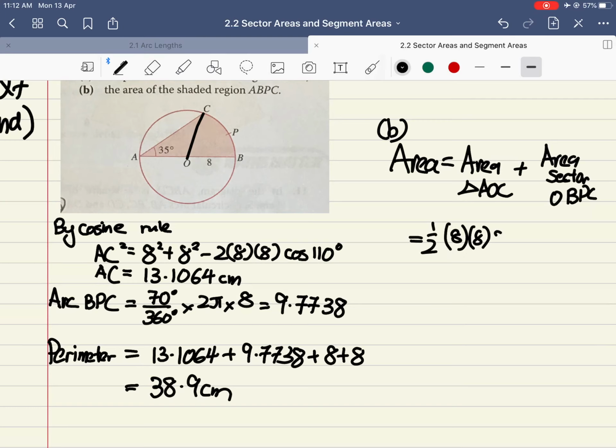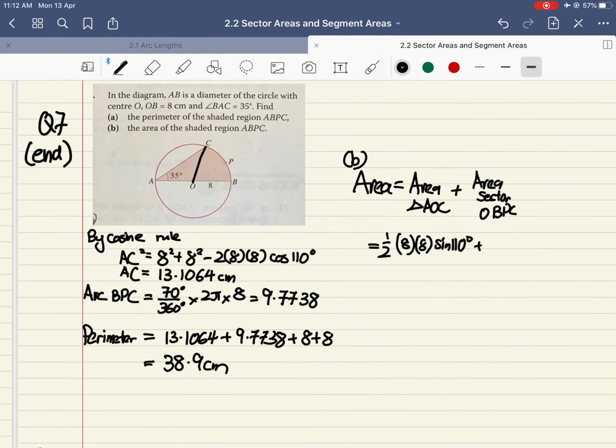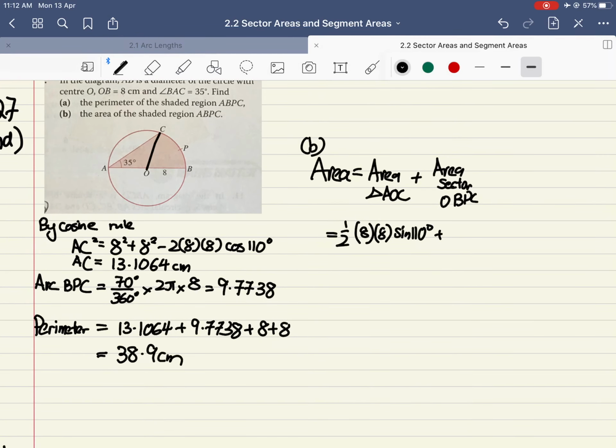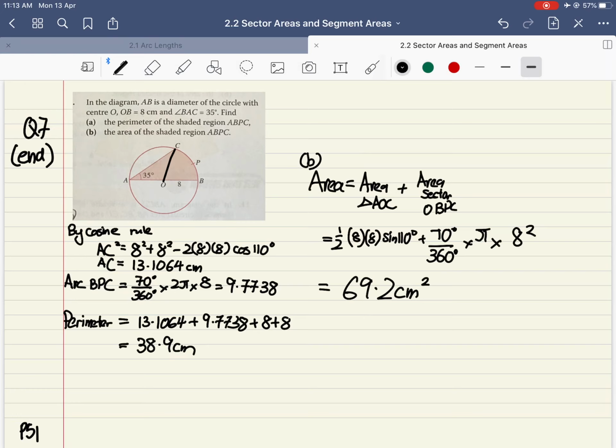So for the area of triangle AOC, we apply half AB sine theta, plus the area of sector OBPC, which is 70 degrees over 360 times pi times r squared, which is 8 squared. If you compute everything, what I should get down here is 69.2 cm squared.